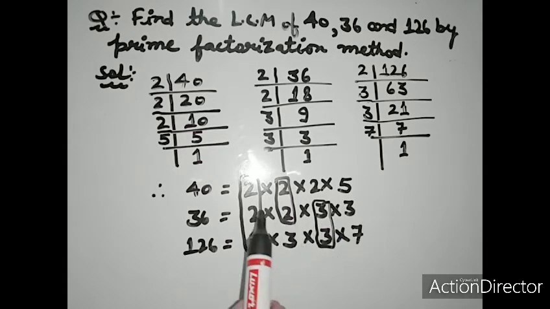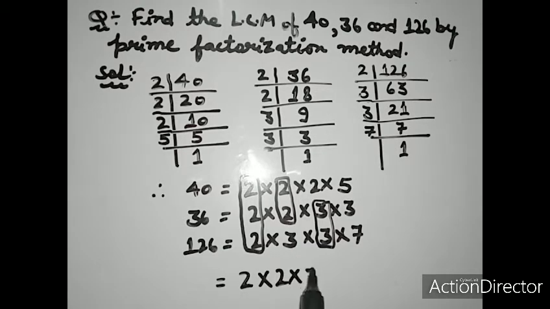Now we write all these pairs here and take one time, like 2 multiply by 2 multiply by 3. After that we write all the left numbers here. So 2 multiply by 5 multiply by 3 and multiply by 7.